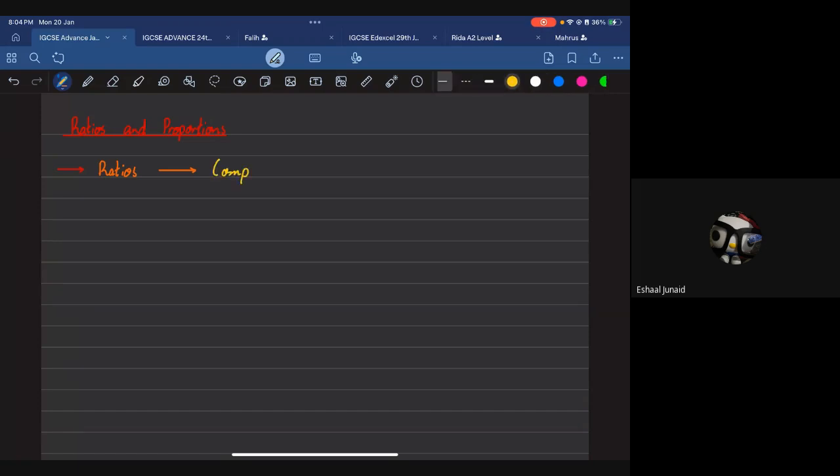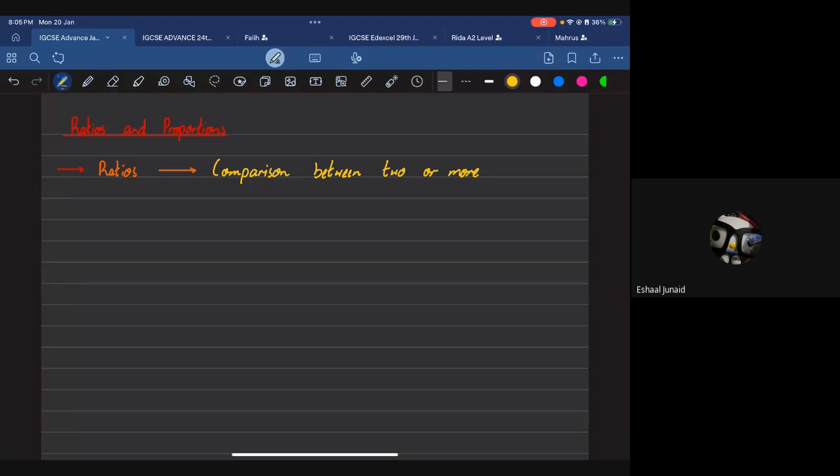You guys are both right. So we can simply say that these are the comparison between two or more quantities, and keep in mind that the quantities need to be of the same nature.